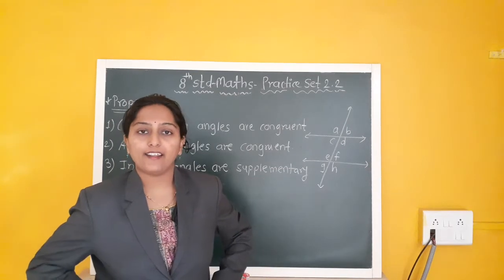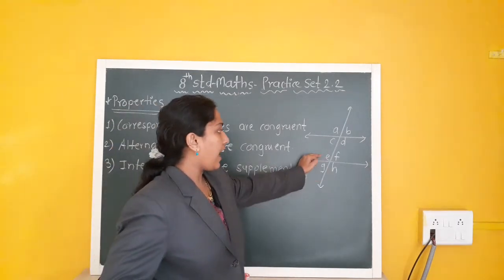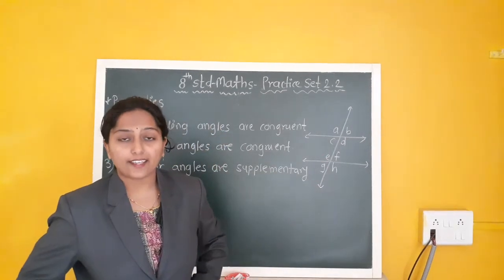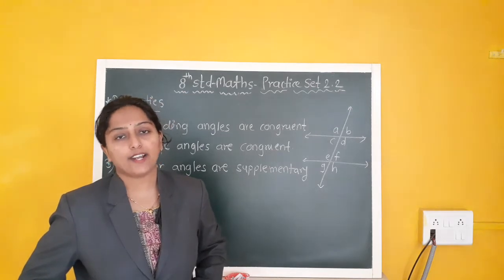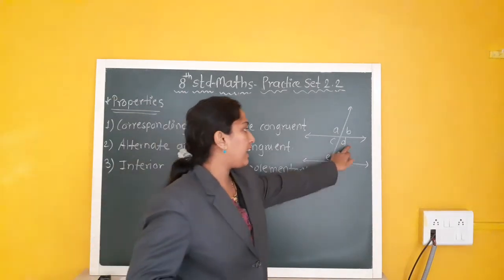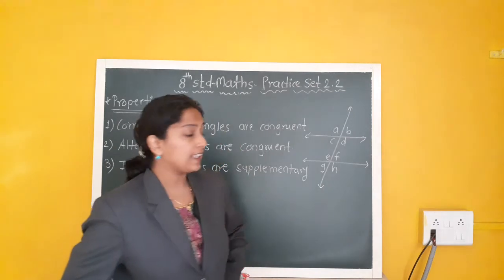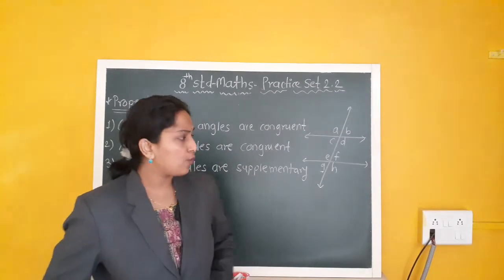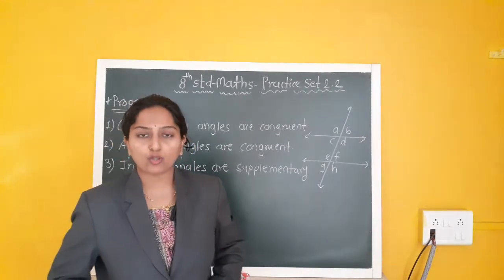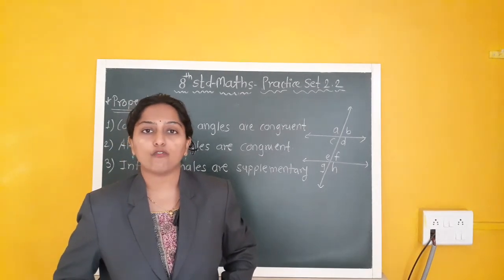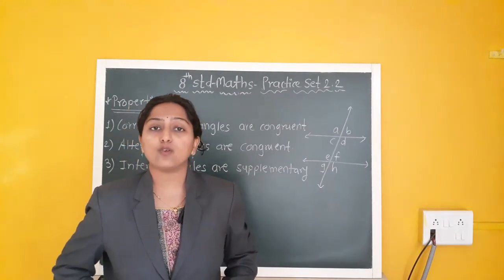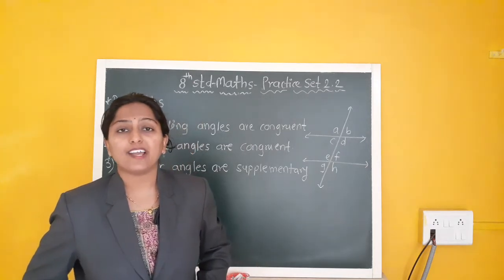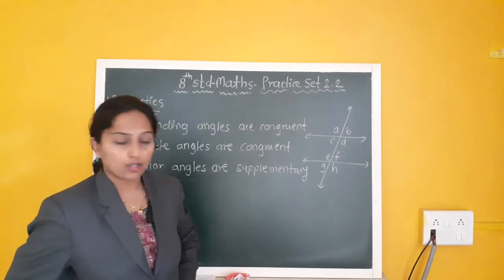If we take C and E, their sum is always 180 degrees. If we take D and F, their sum is also 180 degrees. And one more property, as all of you know, is that opposite angles are always congruent. Now by using these four properties, we are solving practice set number 2.2.